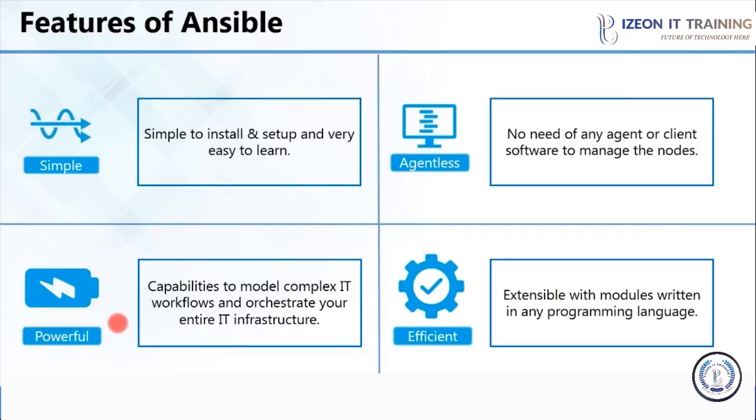In Ansible, it's because it comes with more than 750 inbuilt modules, which you can use for any purpose in your project. And it's very efficient because all the modules that Ansible comes with are extensible. It means that you can customize them according to your needs. And for doing that, you do not need to use the same programming language that it was originally written in.